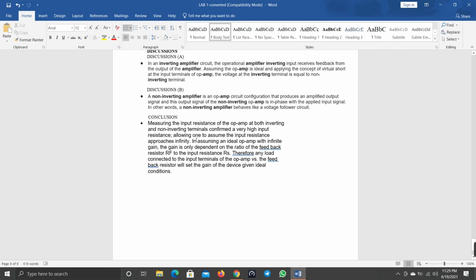The gain only depends on the ratio of the feedback resistance RF to the input resistance RIN. Therefore, the load connected to the input terminal of the op-amp versus the feedback resistance will set the gain of the device given ideal conditions.